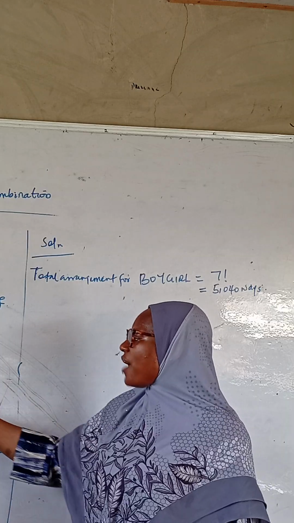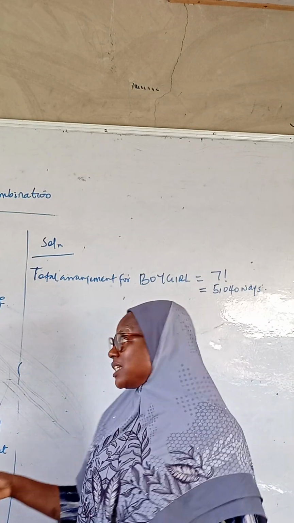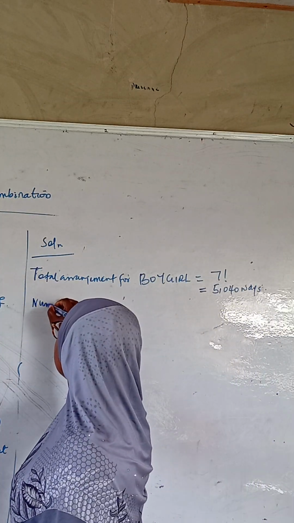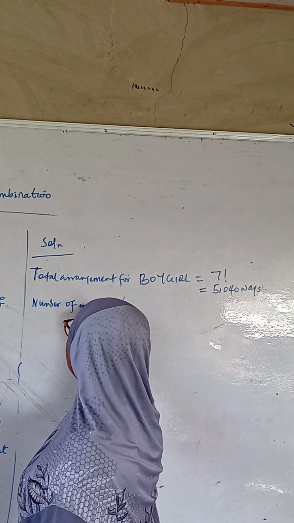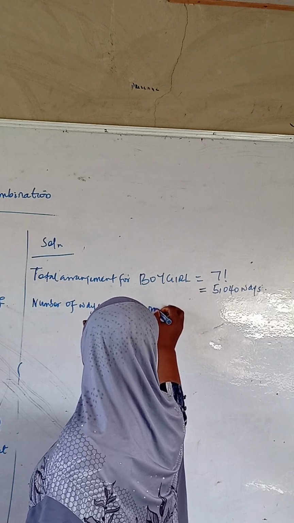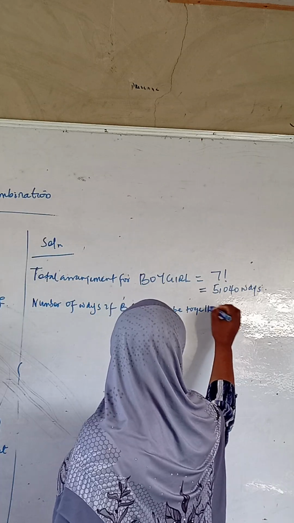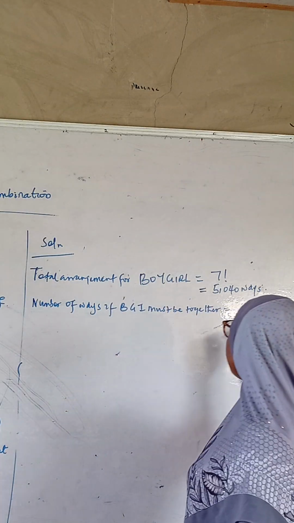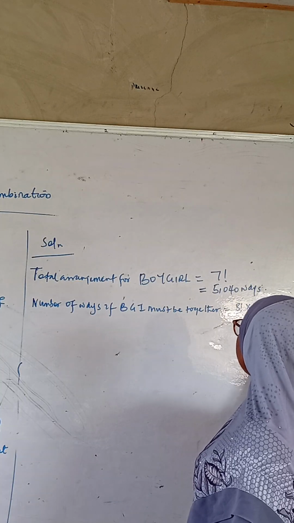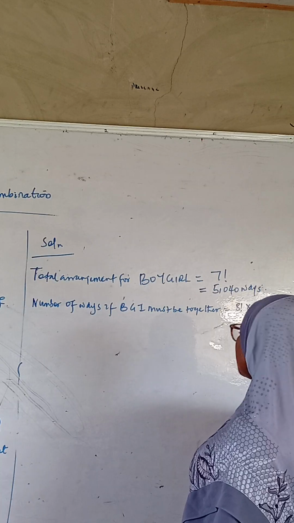Now, in the previous example, we explained the number of ways to arrange BOY GIRL such that BGI must be together. What did you get? At that point, the number of ways if BGI must be together is 3 factorial times 5 factorial, which gives us 720 ways.